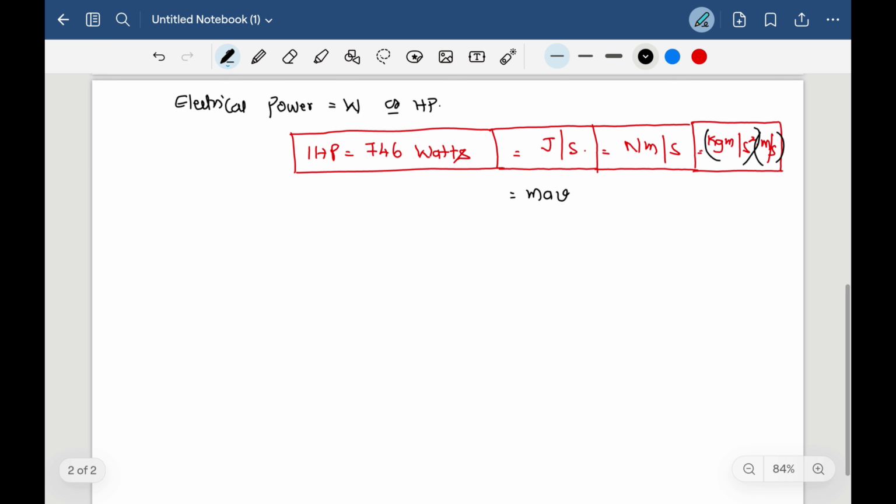Can we say that? Can we say this? Just please try to understand this concept. I am not worried about the quantities. Please try to understand the concept. The units of power, watts, is nothing but units of multiplication of mass into acceleration into velocity.